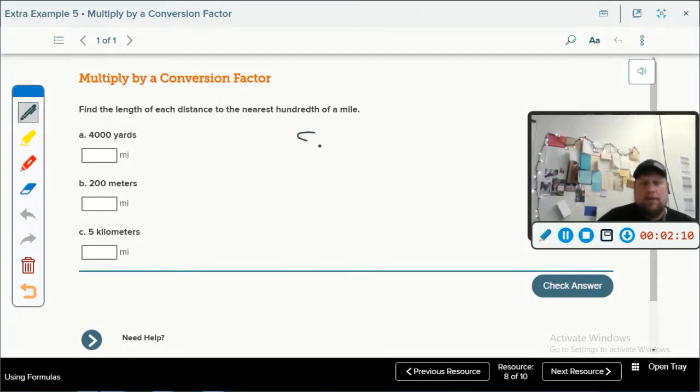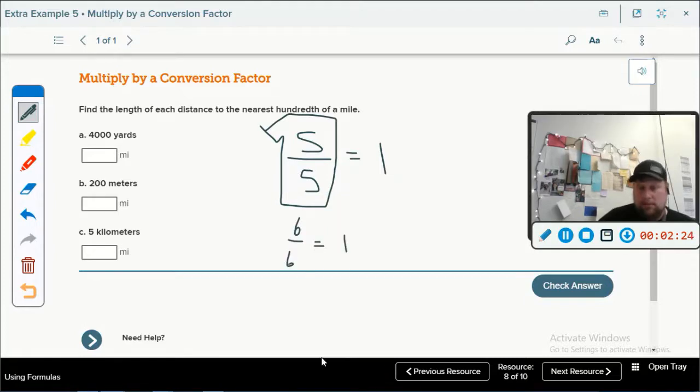So, for example, a number divided by itself equals 1, correct? So this is like a big fat number 1. 6 divided by 6 is 1. 3 divided by 3 is 1. It's powerful that we know this, because when I'm doing unit analysis, I'm essentially going to use the number 1 a lot, but it's not going to look like that.